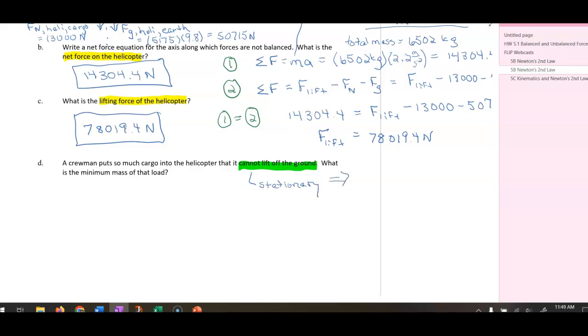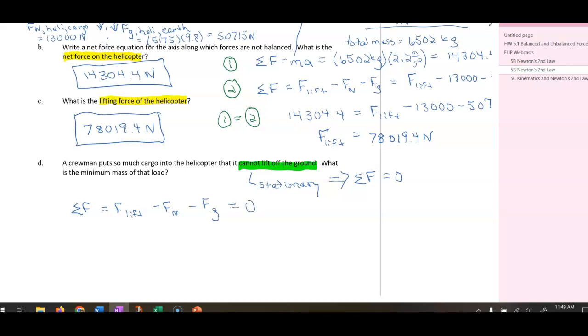And that tells me that the net force on the helicopter must be 0. So in other words, the net force, which is the lifting force minus the normal force minus the gravitational force, must be 0.